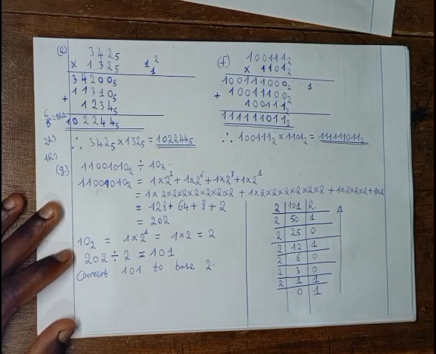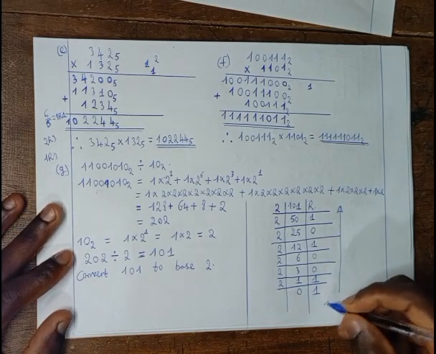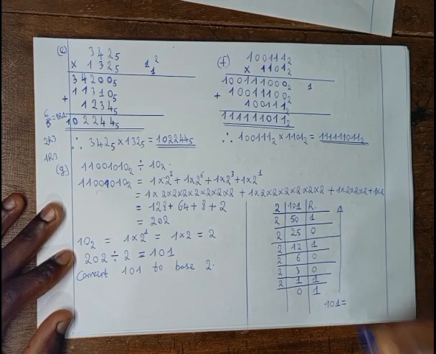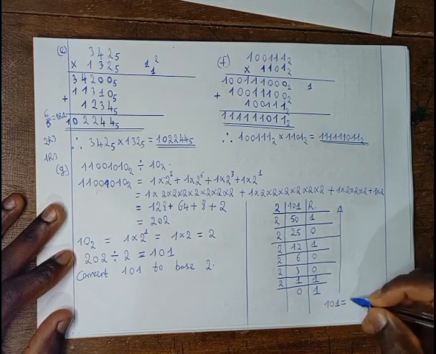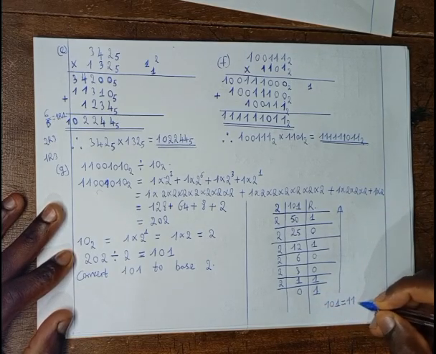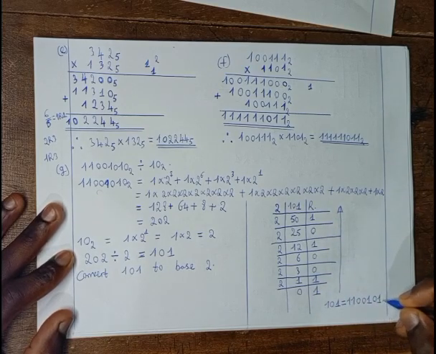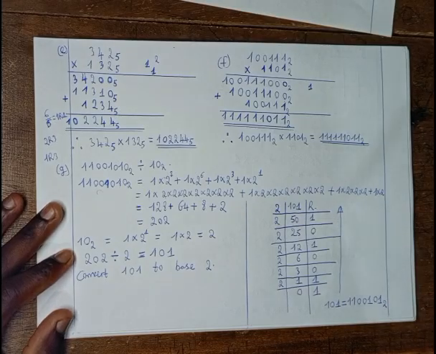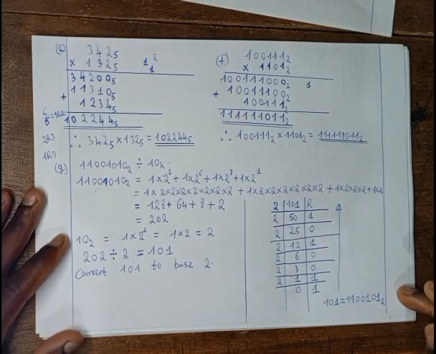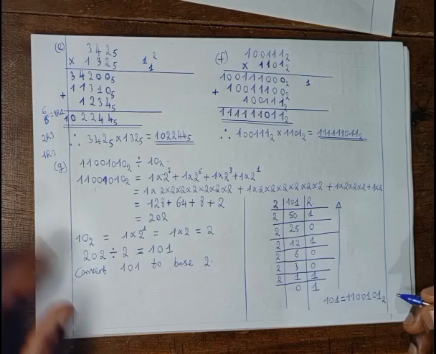The number 101 in base 2 is simply equal to 1100101 in base 2. We must write down the base. Then we conclude. Therefore, let's conclude.